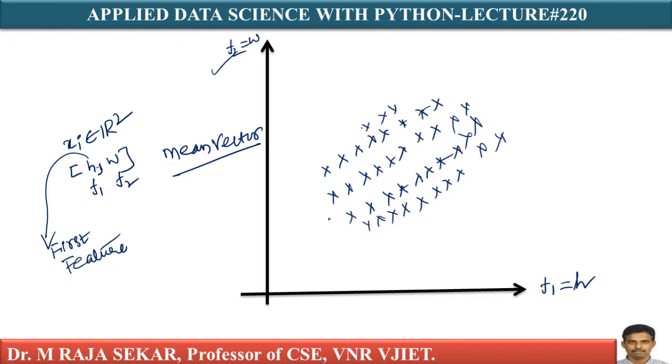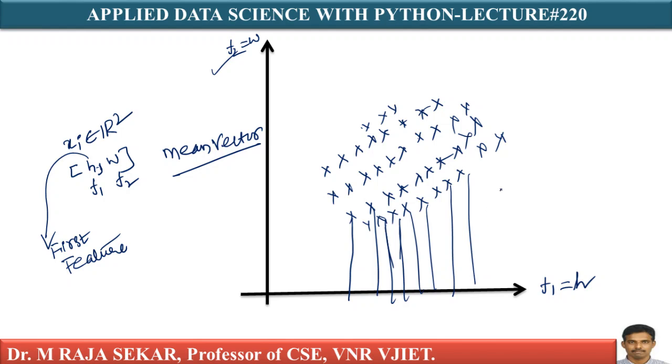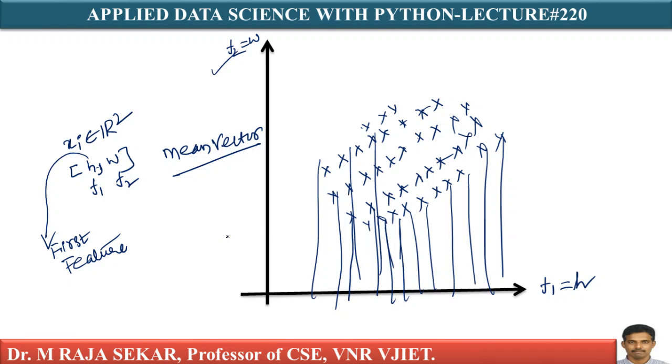If I project all of these points on the x-axis and compute f1, f1 means feature 1.